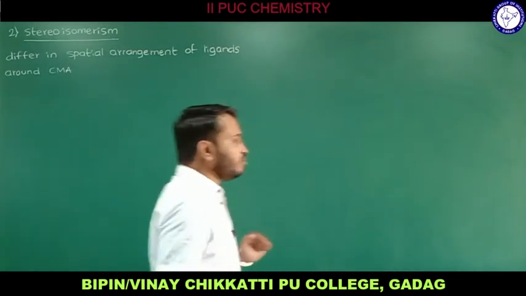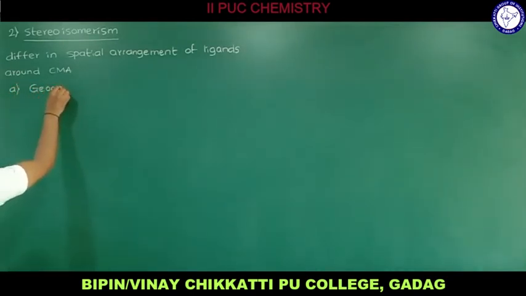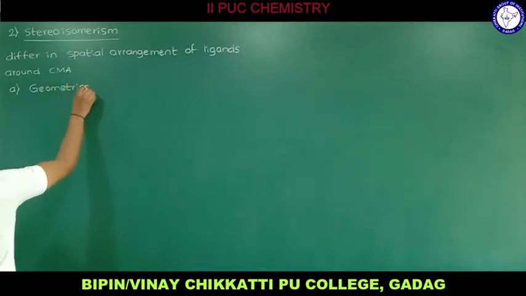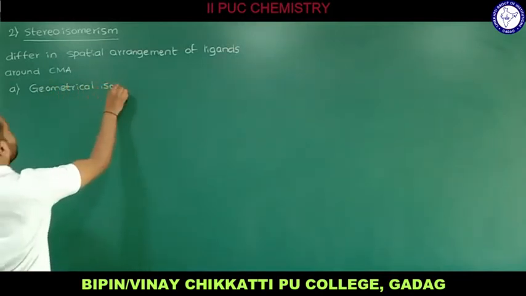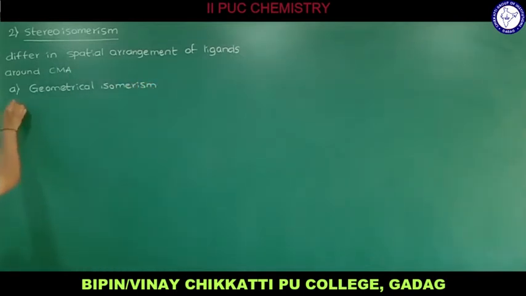In stereo isomerism, we have two different types. The first one is geometrical isomerism, and the second one is optical isomerism.